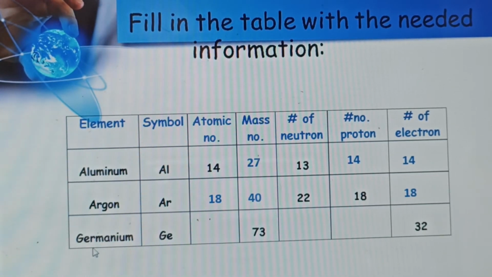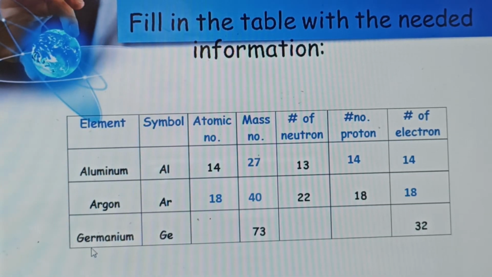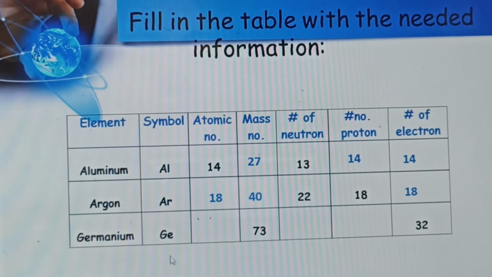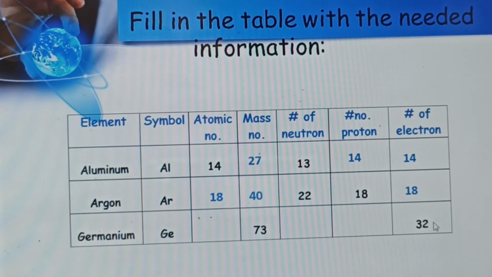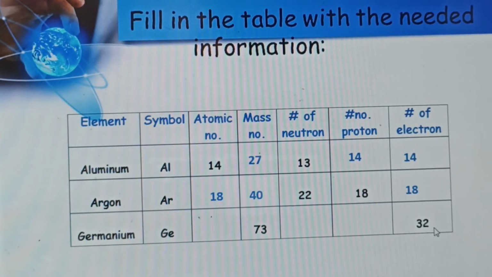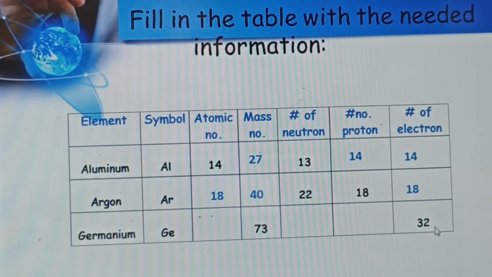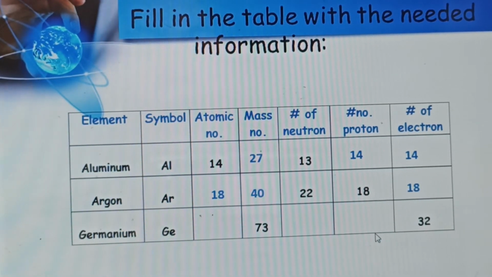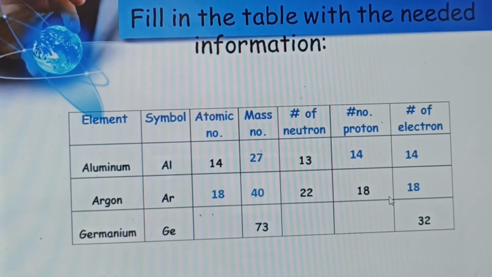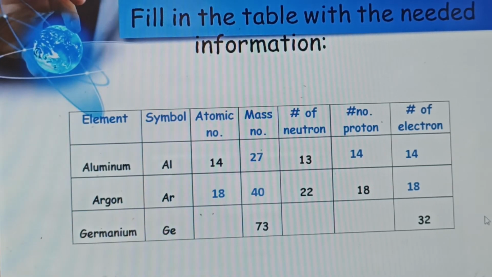And for the last example, let's have germanium with symbol Ge. Given are the mass number, which is 73, and the number of electrons, which is 32. As I mentioned, atomic number and the number of protons will be the same, and the number of protons in a neutral atom will always equal the number of electrons.